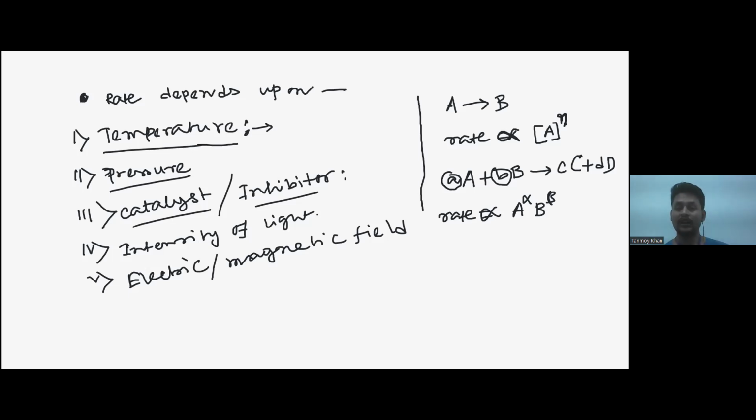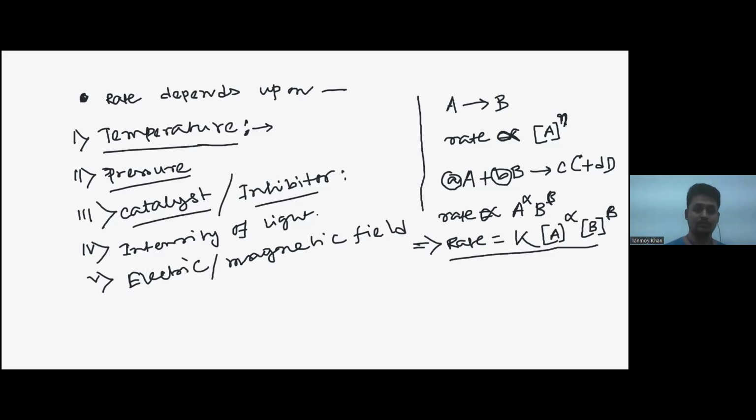But whenever we write the rate of a reaction in terms of the concentration of reactants, the power, whatever it is, is not the stoichiometry. That's why I made it different. This is alpha and this is beta. So you can write that rate equals some constant k, concentration of A to the power alpha, concentration of B to the power beta. So this is a rate equation as well.